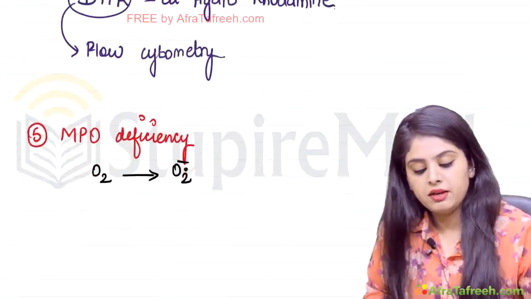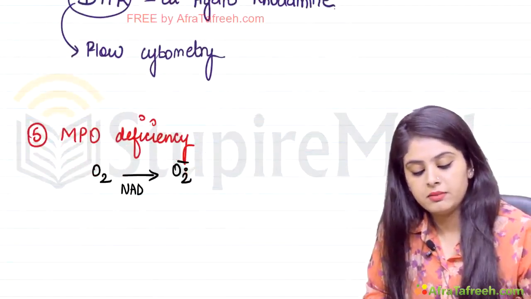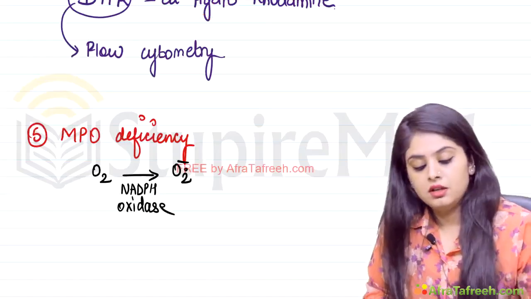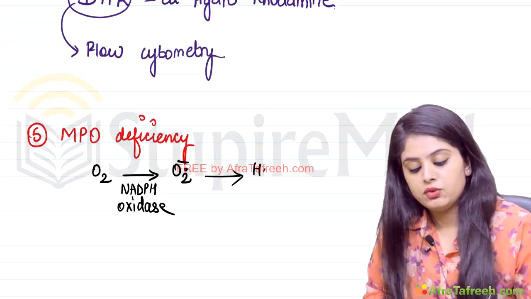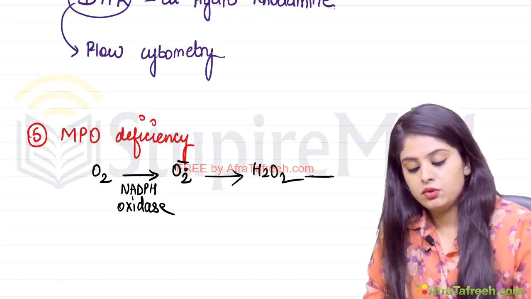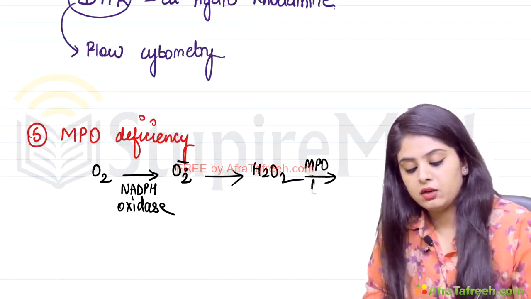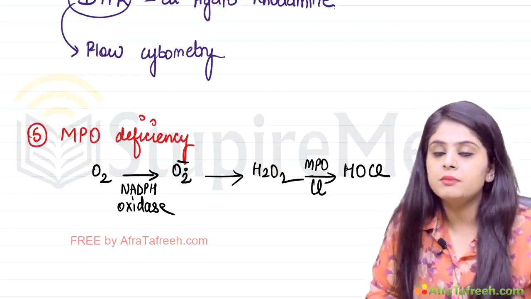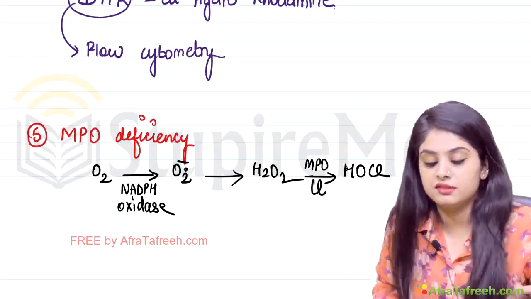By which enzyme? I hope this we have done multiple times, NADPH oxidase. Superoxide will then form H2O2. H2O2 in the presence of MPO and chloride forms HOCl. So this is something we've repeated multiple times. This is the basic phagocytosis.